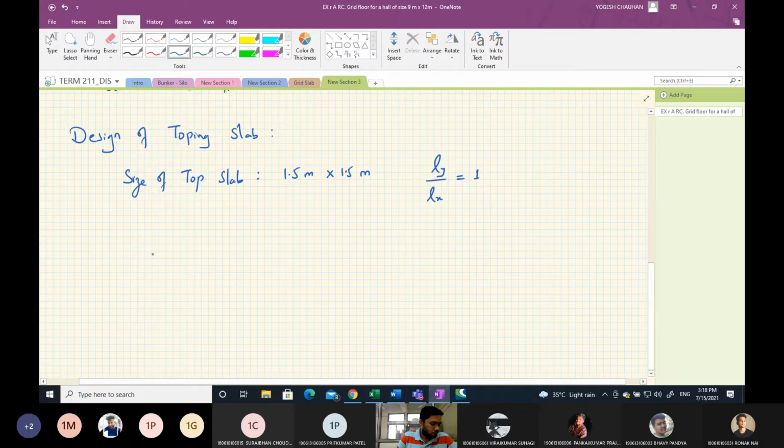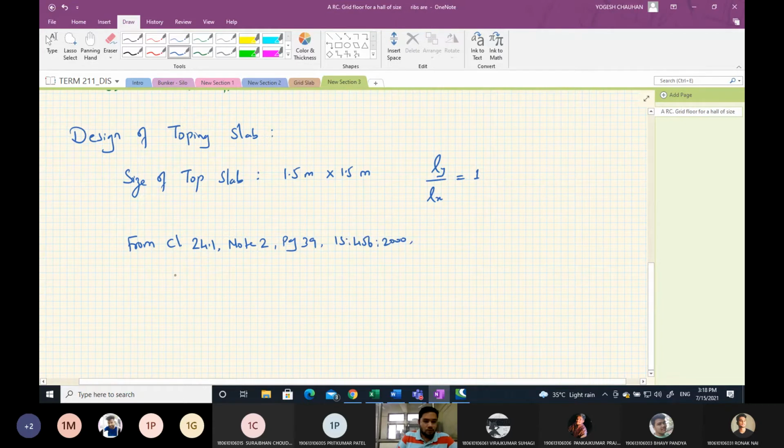It is clause 24.1 note 2, page 39, IS 456 2000.